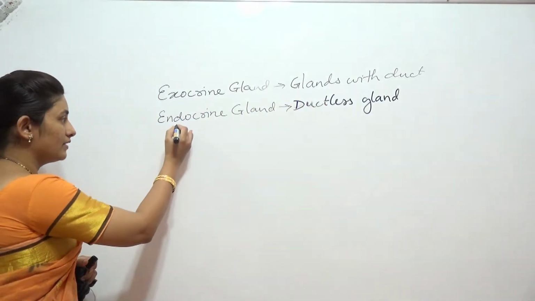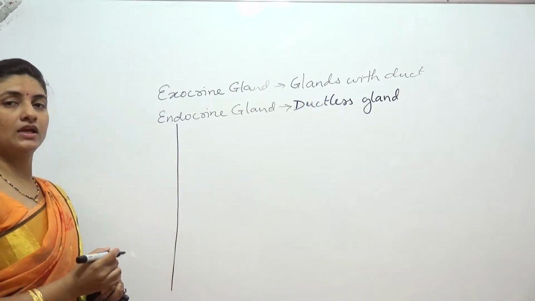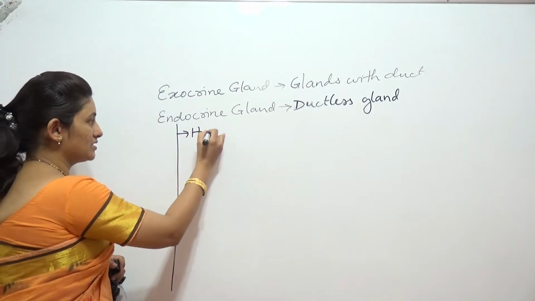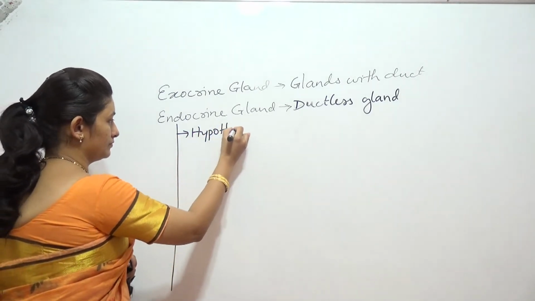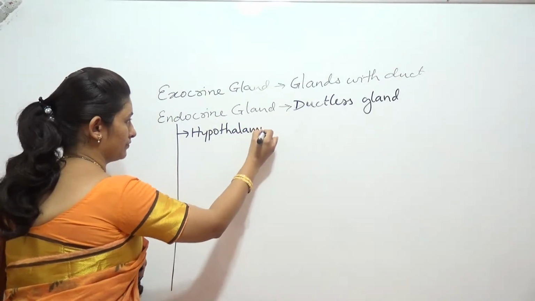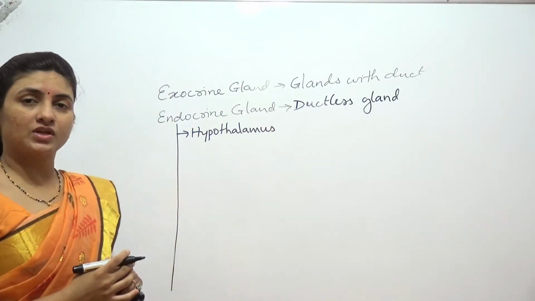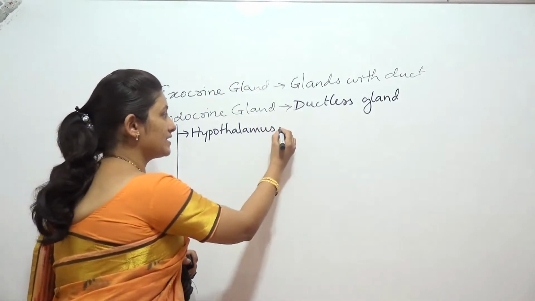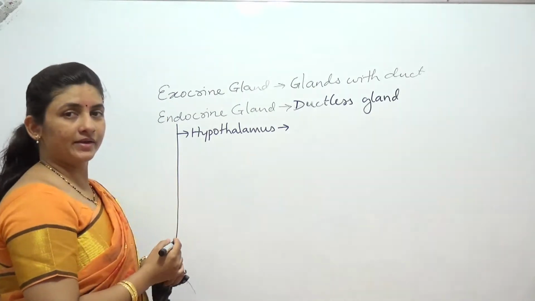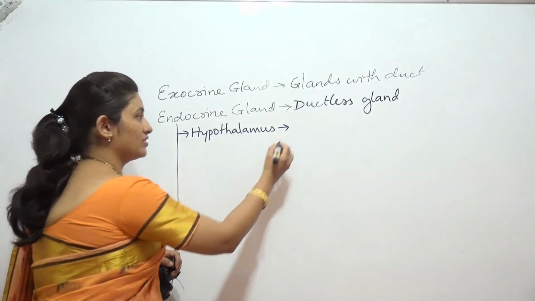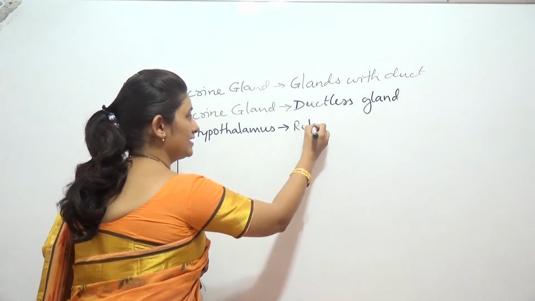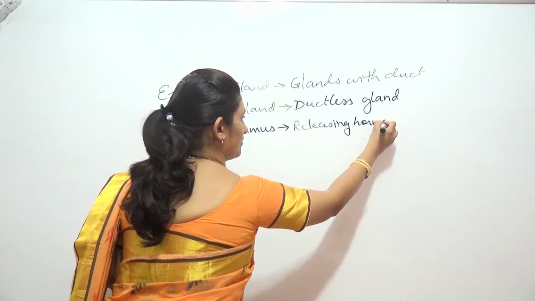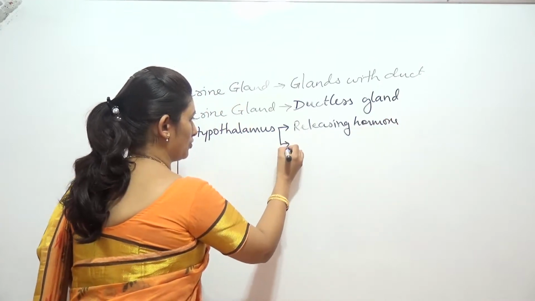Exocrine glands are glands with the duct, and endocrine glands are ductless glands. Yesterday we had seen the different types of endocrine glands in human beings, in which we came across the hypothalamus, which is located in the brain and is called the master of master glands. The hypothalamus secretes hormones called the releasing hormone and the inhibiting hormone.